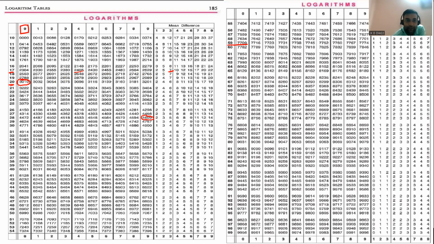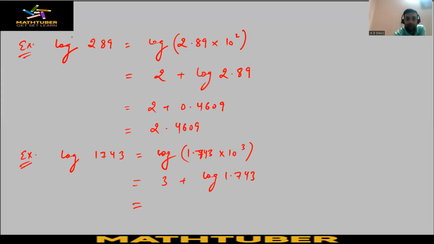So we have to first add both of these, 2405 plus 7. If we add this, you will get 2412, and we have to write it here like 3 plus 0.2412, which means 3.2412. So this is how we have to find the values of logs on the log table, right?